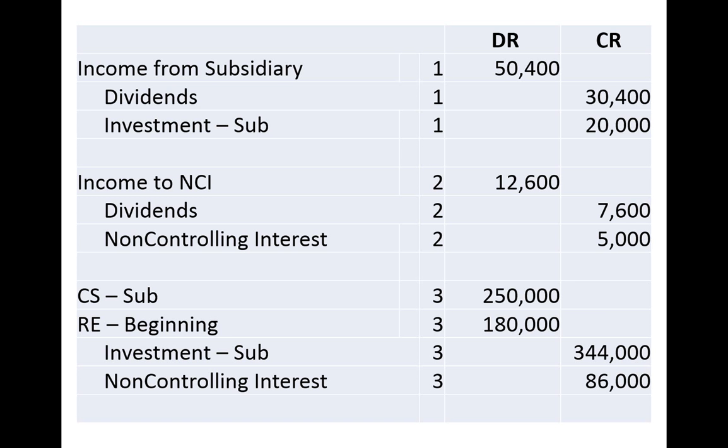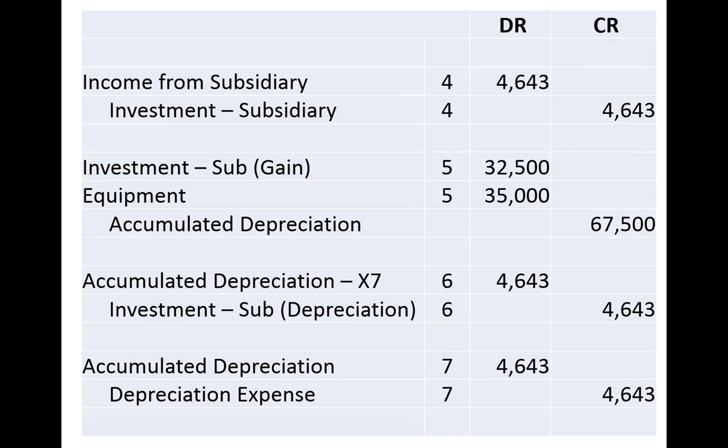Let's look at the EJE recap. I think it'll be a little clearer, and let's focus on the second page here, and we'll walk down through EJE 4, 5, 6, and 7. EJE 4 eliminates the entry we made in the equity method.